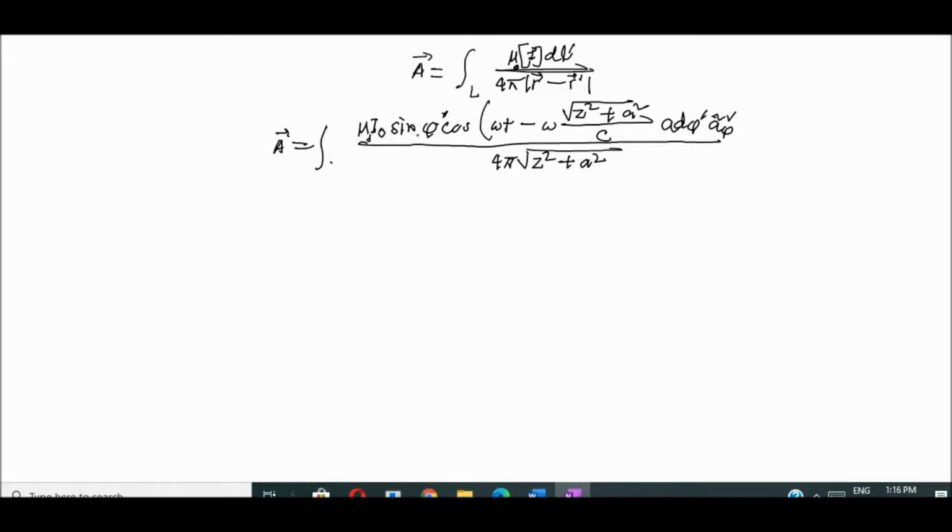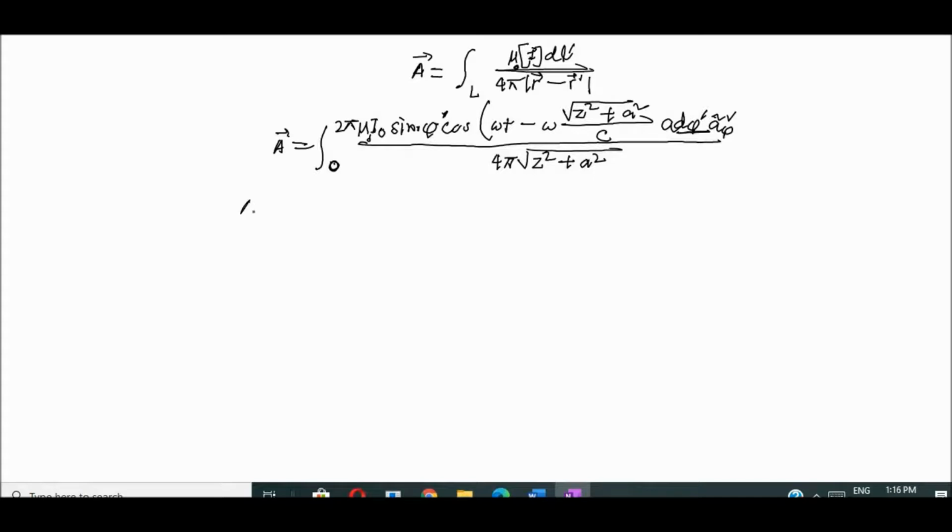The current is on the source, so you can write sine phi prime and cosine phi prime. Now let's set the limit. We have to integrate this with respect to d phi, and phi varies from 0 to 2 pi. So I put 0 to 2 pi here.